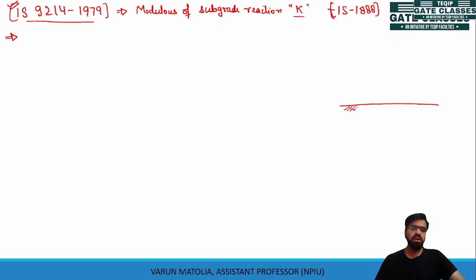This is the level at which you are performing your test. This may be your subgrade level or the level at which you want to perform the test. So a pit is dug, and a plate of a specific area is placed here.